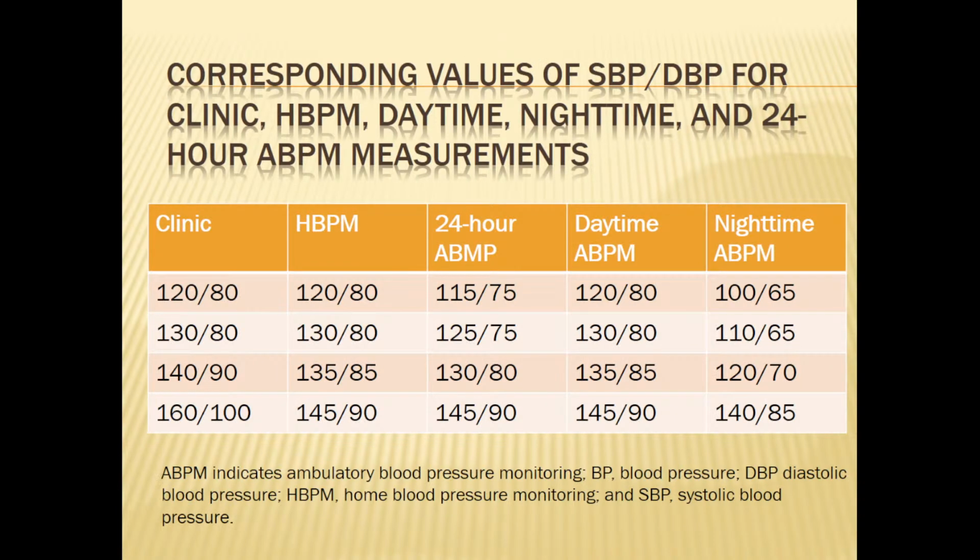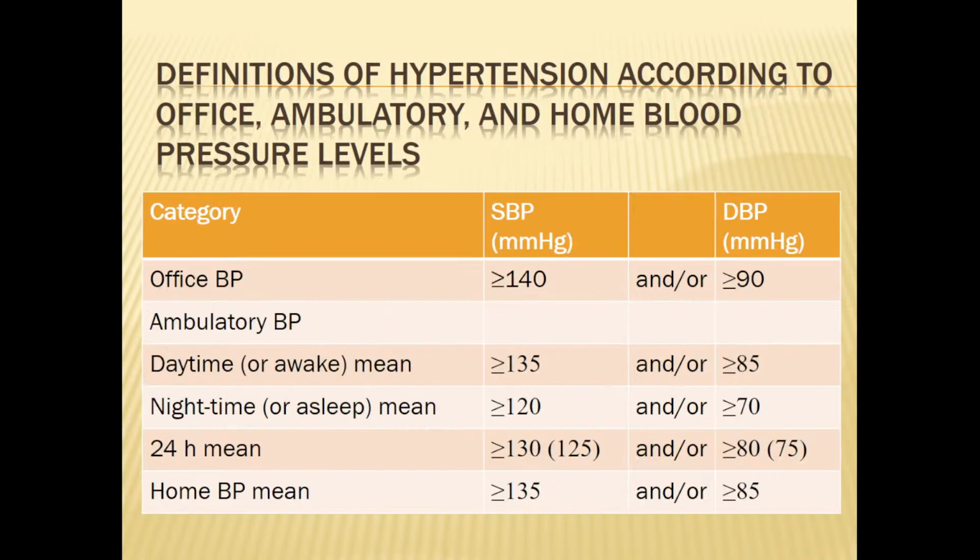And when there is 24-hour BP monitoring, which is called ambulatory BP monitoring, there is another norm for hypertension. If we measure office BP, we are speaking about hypertension when BP is above 140/90. But if we measure BP many times at rest, during daily activity, and during sleeping, there are other values for hypertension.